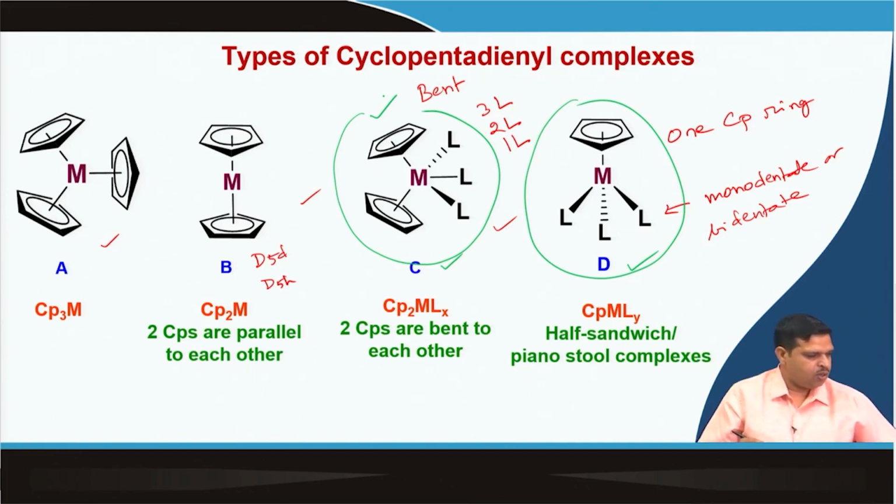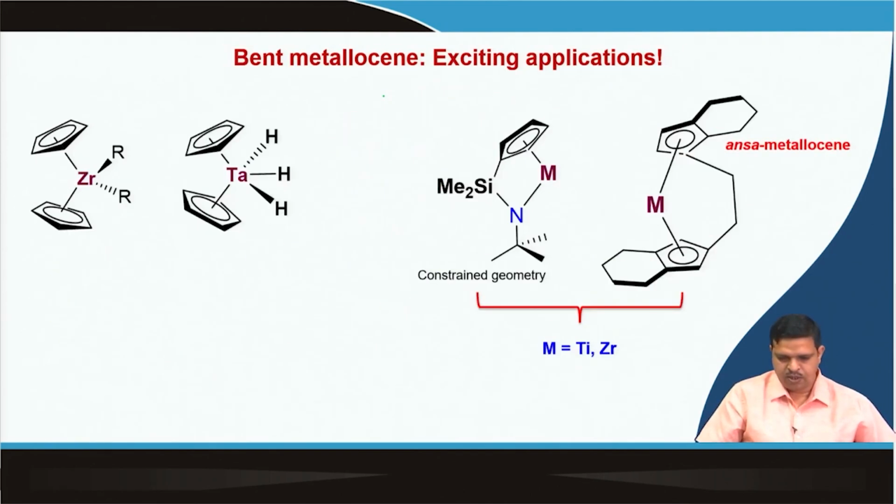Before going to the molecular orbitals and to understand which orbitals are involved in the interaction, I will first give some highlight of how additional parameters can be imposed in metallocene for its variation in structure.